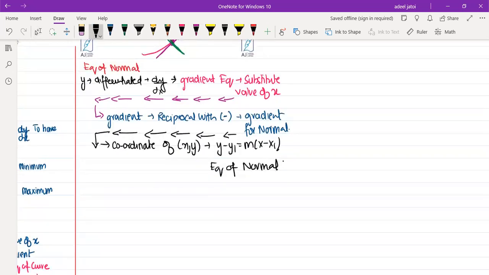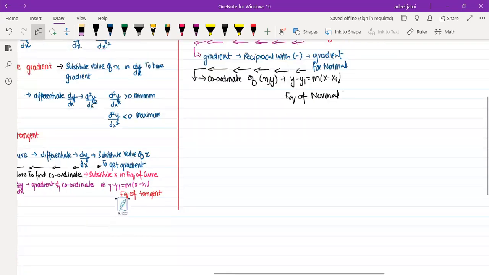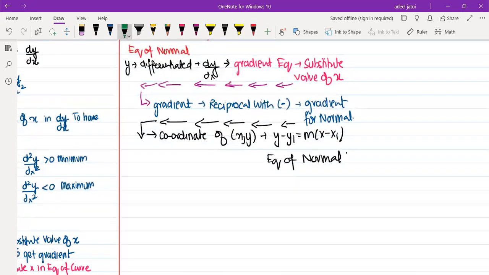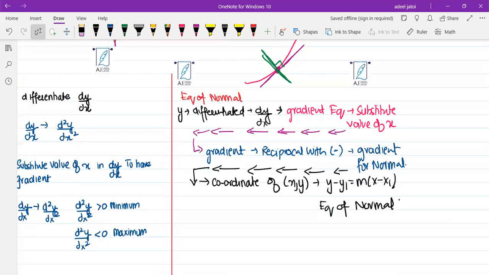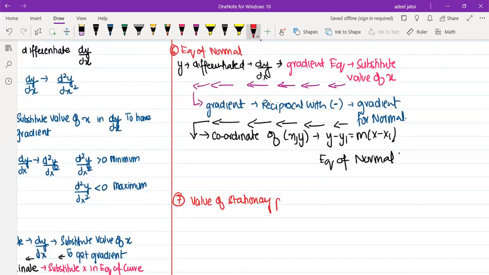The examiner can always ask you to show or to find the value of the stationary point.